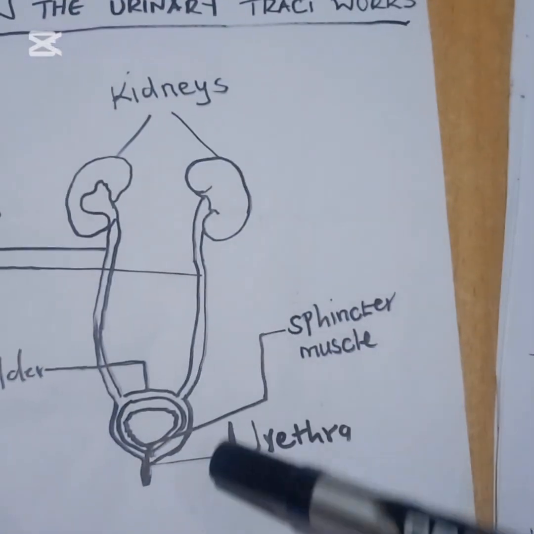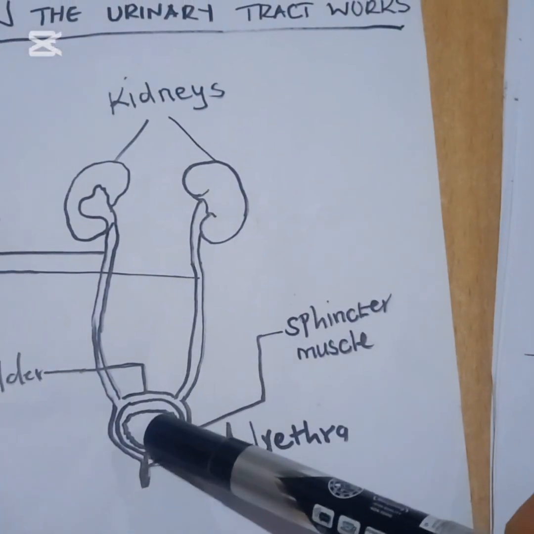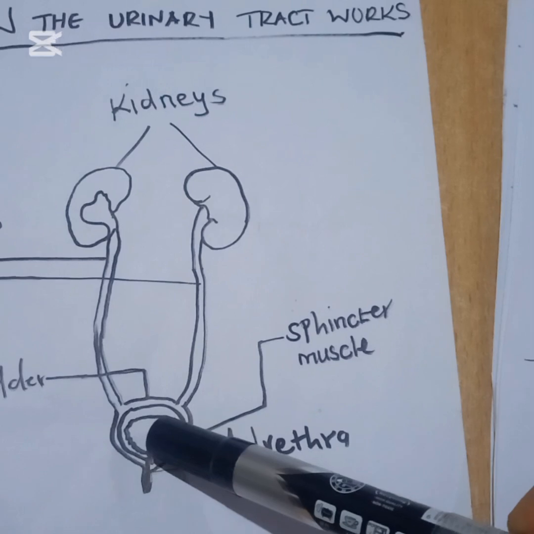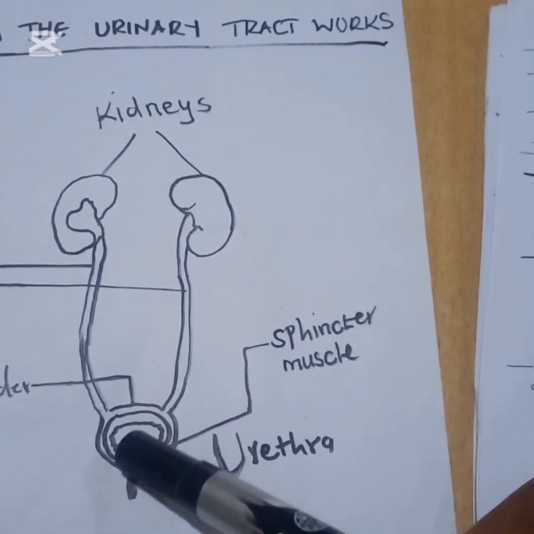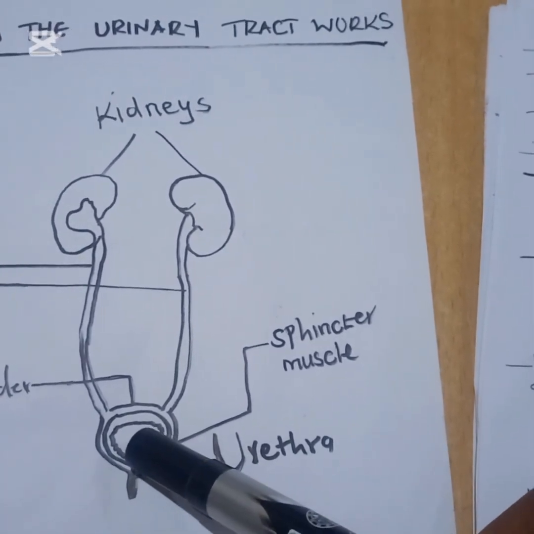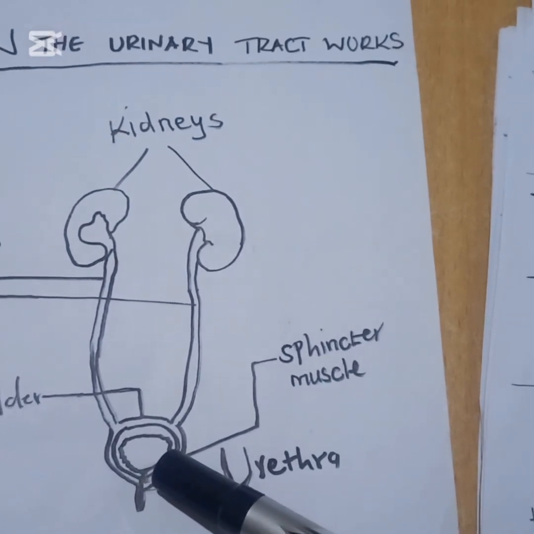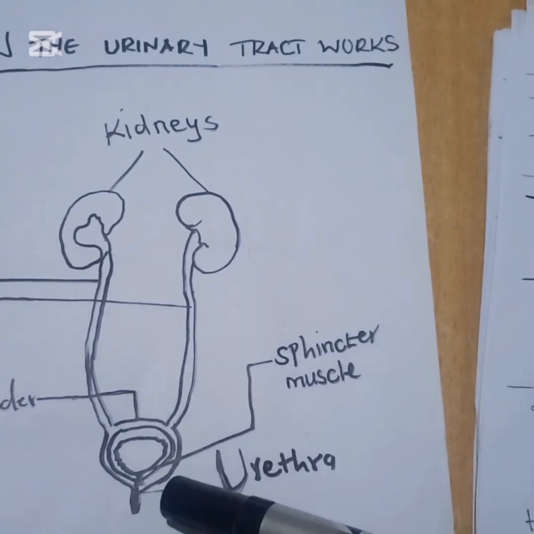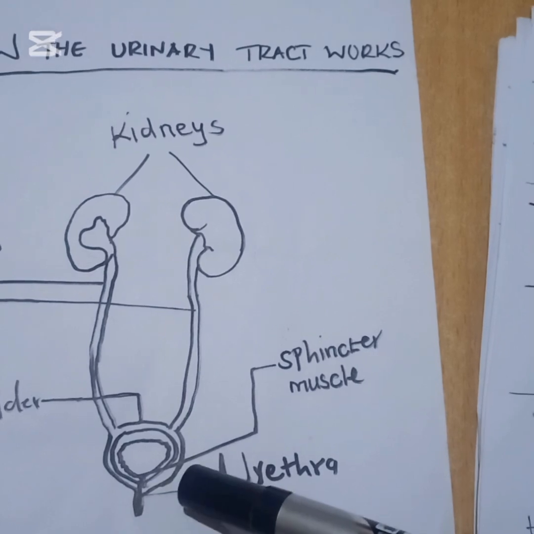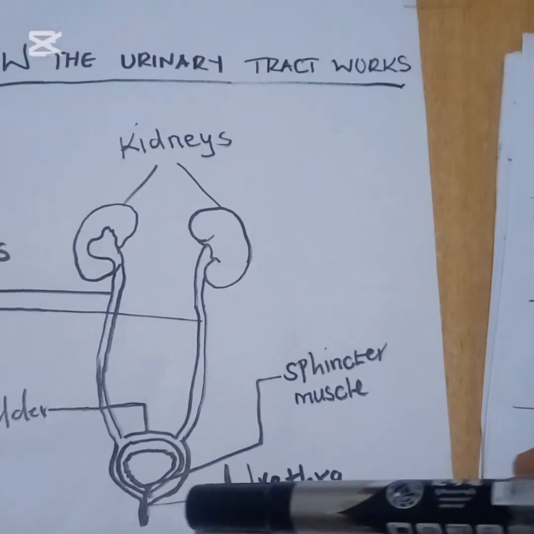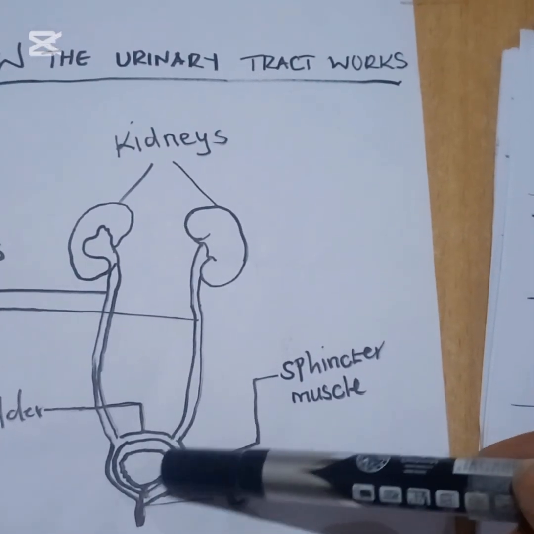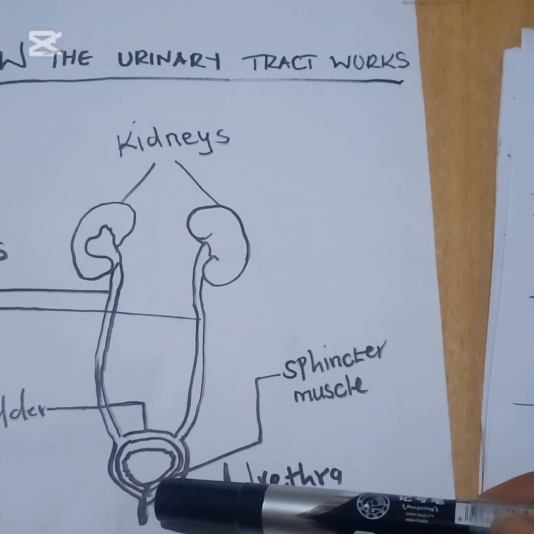We have the sphincter muscle. The sphincter muscle, on this junction here, governs the opening and the closing of the bladder. It's controlled by the brain, allowing us to choose the time to urinate.